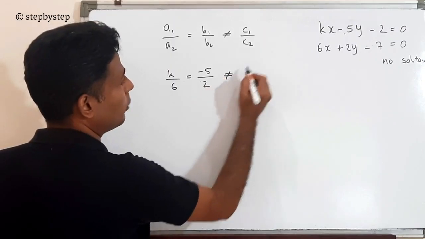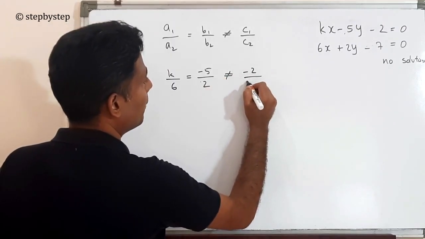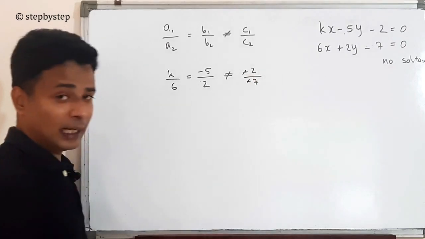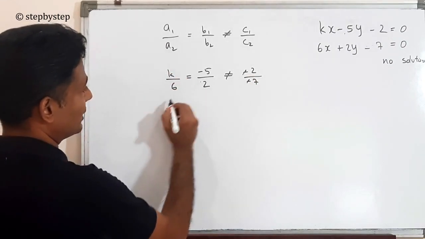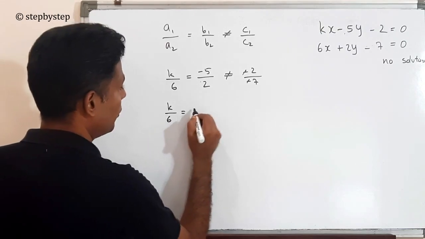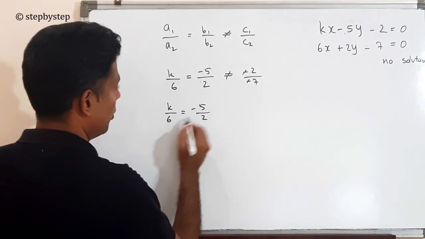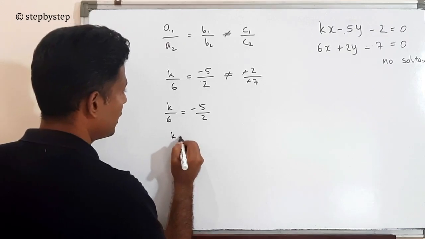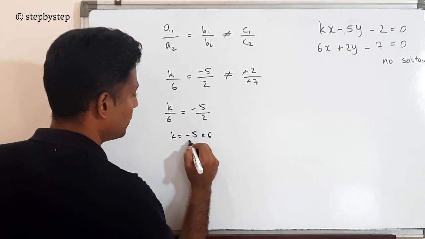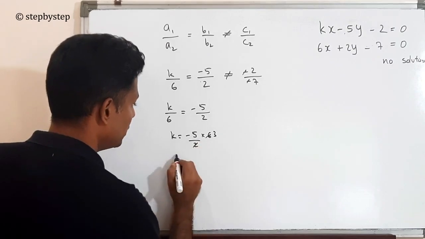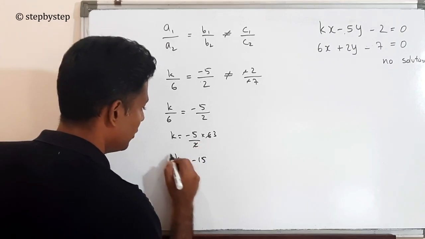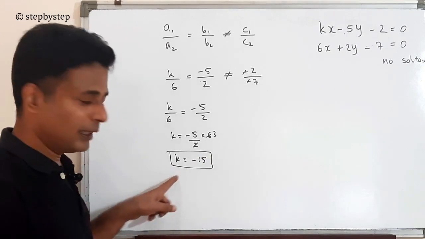Okay, this will not be equal to minus 2 by minus 7. Minus minus cancels. Okay, so using this, K by 6 equal to minus 5 by 2. What do I get? K equal to minus 5 into 6 by 2. So 3. So K equal to minus 15. We got the value of K.